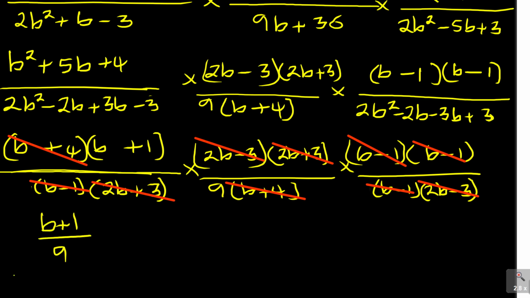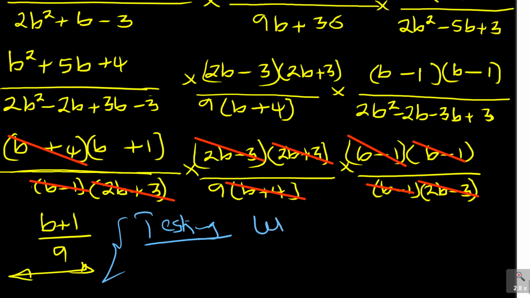over 9. Alright, now because of time, I'm not going to test it, but I will encourage you to test. You can test your answer here. It's called testing, just to see if I did it right, and then you give me feedback. You can say let b, choose any number you want. You can say let b be equal to 5 or 11 or any number, 17.